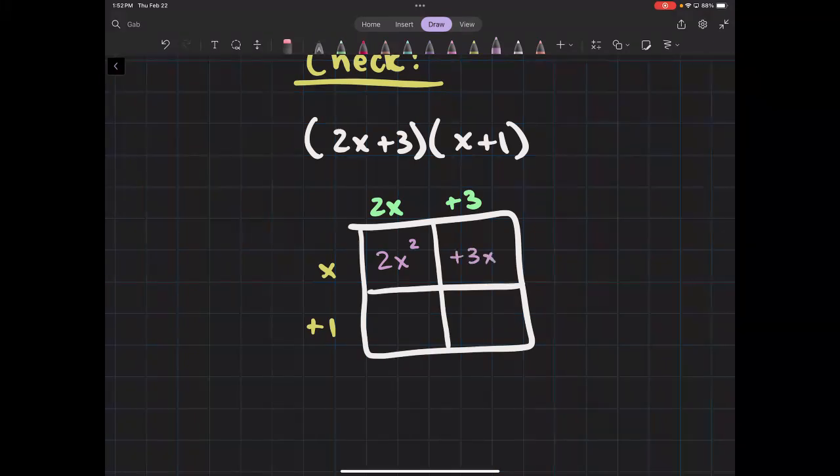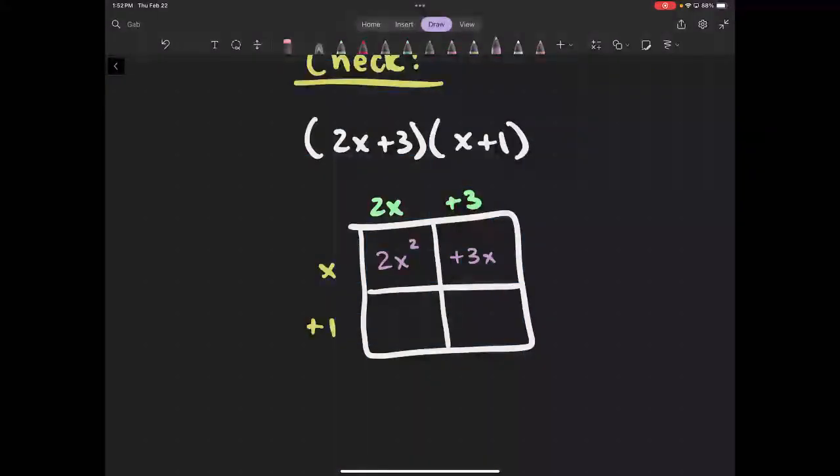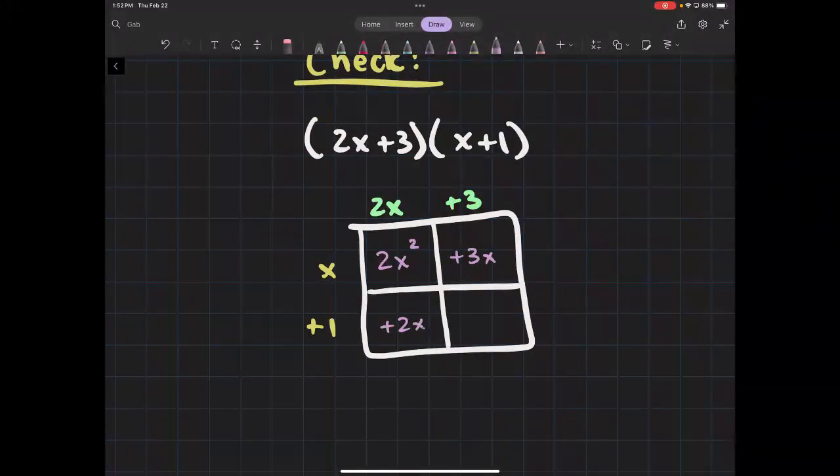Okay, bottom left, 2x, and then 3. I think I started putting the signs there because people get confused. Okay, so if it's positive, put the plus. If it's negative, put the negative, right? And then your like terms should be these two. And then how do you write them?